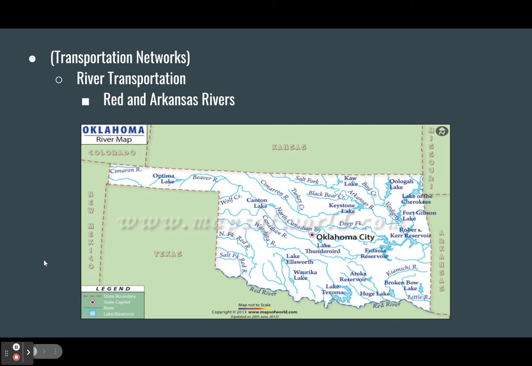When we talk about these transportation networks, whether it's with communication or with trade routes or with military access, one of the things that I want you to keep in mind is I am just setting you up for what's coming up about the Civil War. That's all I really want you to keep in mind. It's just for Civil War strategic stuff.